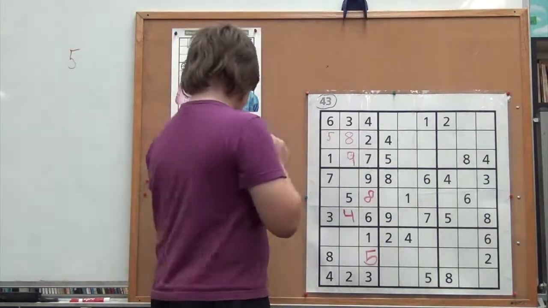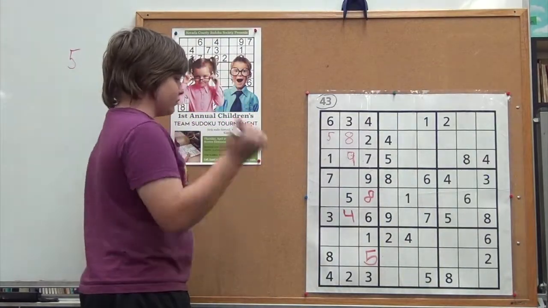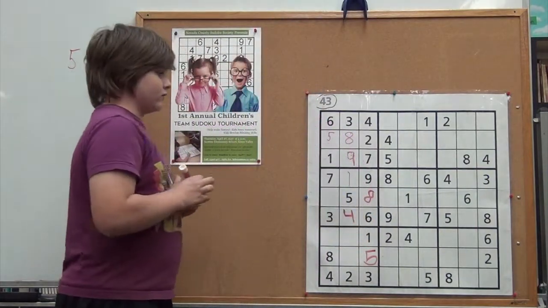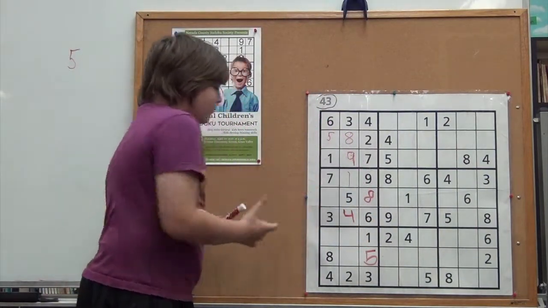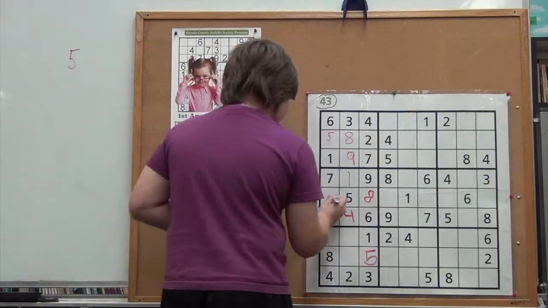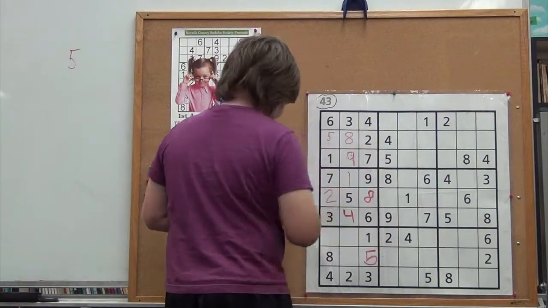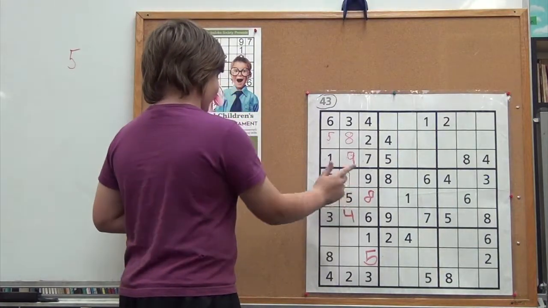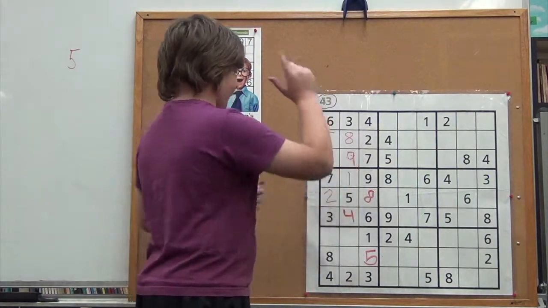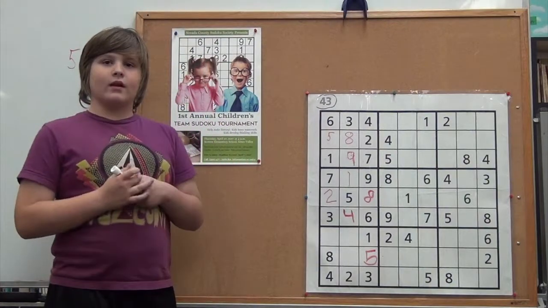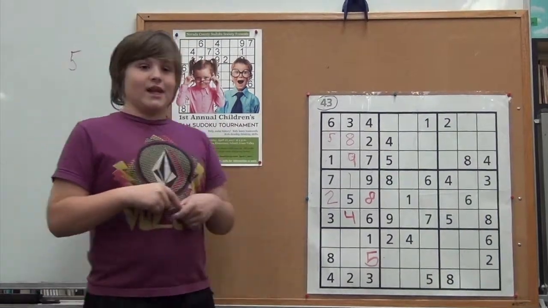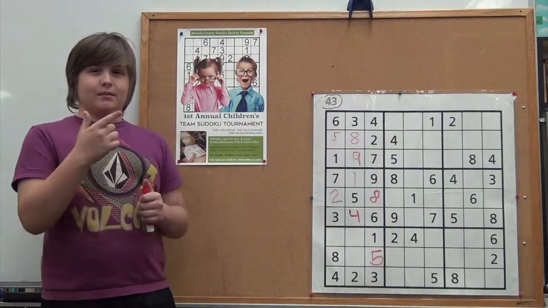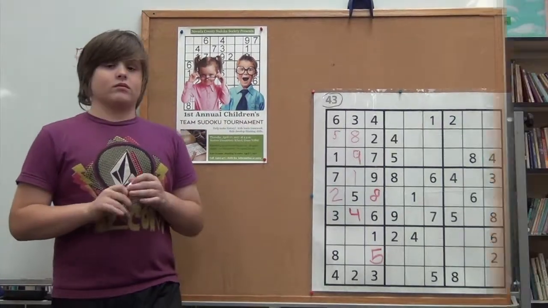Solve the one small box. So what has to go in the other box? A 2 right here. And then count it. 1, 2, 3, 4, 5, 6, 7, 8, 9. Why do you count when you finish a family? Because if you don't, you might have multiple numbers in the box. Good.